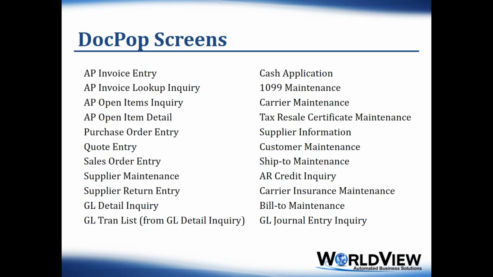A lot of these are set up by default, and some of these are set up on an ad hoc basis and customized based on your request. For example, the customer maintenance screen, a lot of our partners store human resources documents or credit documents, and they would like to be able to DocPop those from the customer maintenance screen, so we are able to set that up.